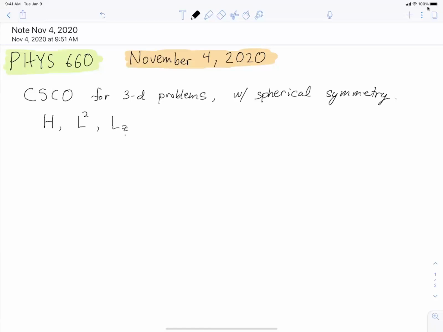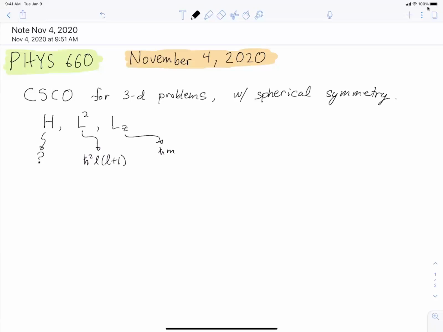Okay, and we already know what the eigenvalues of these are. For L sub z, the eigenvalues are h bar m. For L squared, the eigenvalues are h bar squared, L times L plus 1. Now, depending on what the potential is, we need to find out what the eigenvalues of the Hamiltonian are.